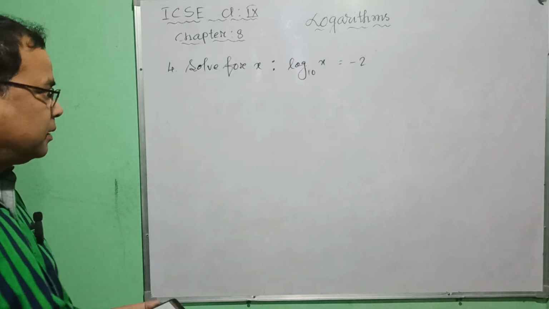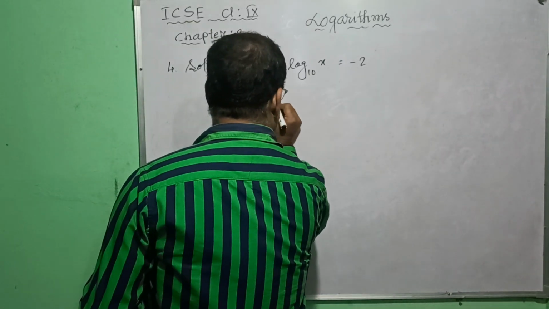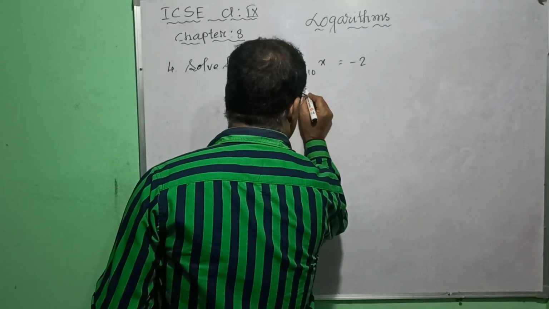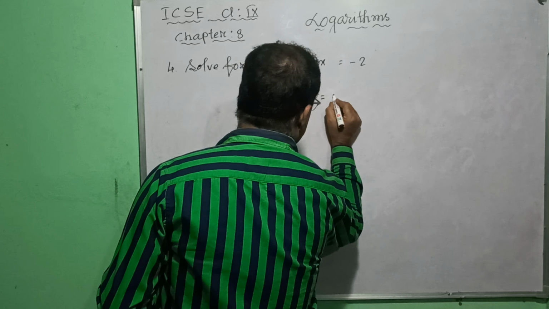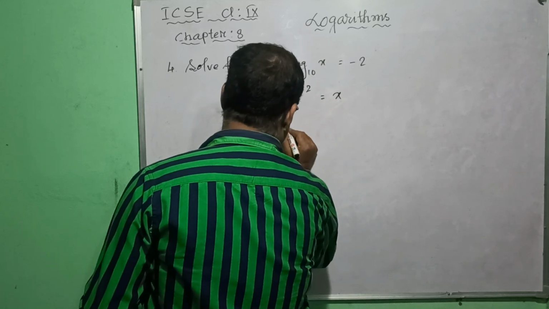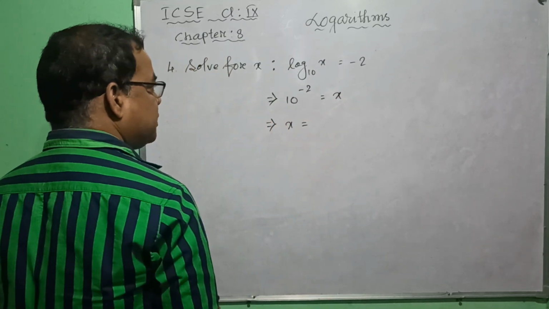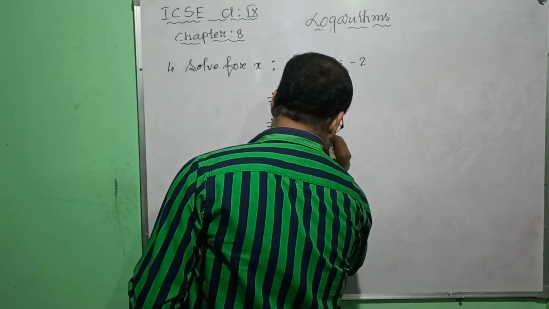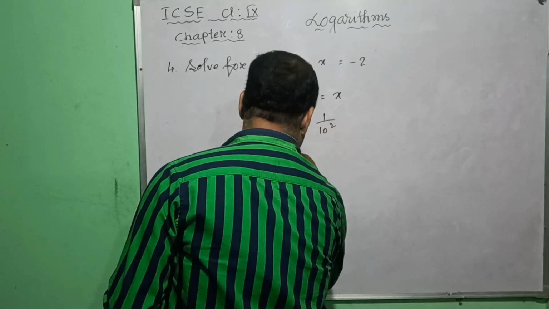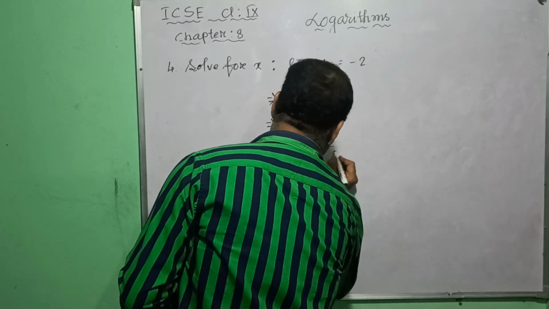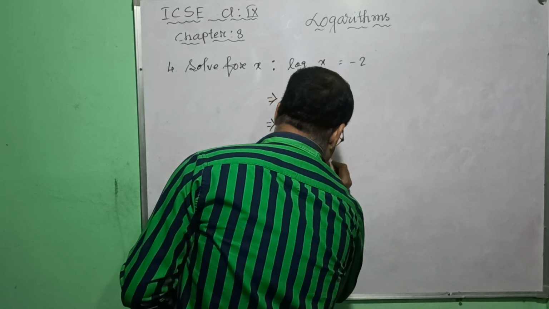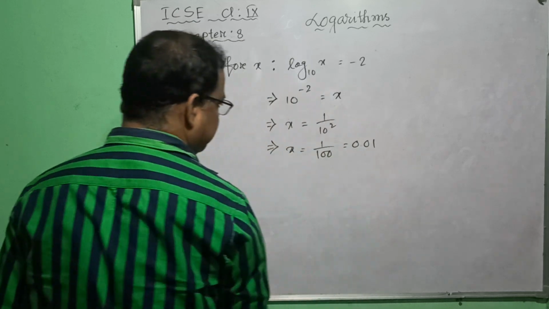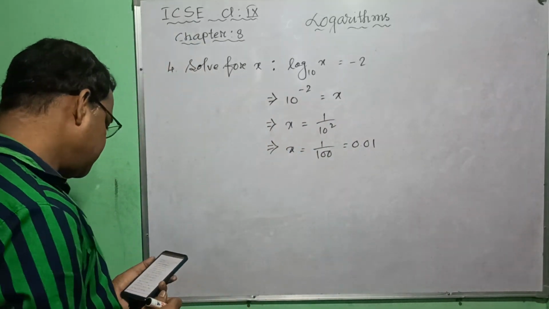So we have to find the value of x. If we solve it, we can write 10 to the power minus 2 equal to x. This implies x equals 1 by 10 square, so x equals 1 by 100, which is 0.01. So this is the answer.